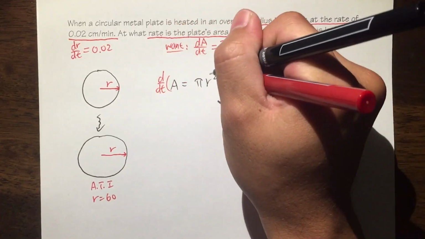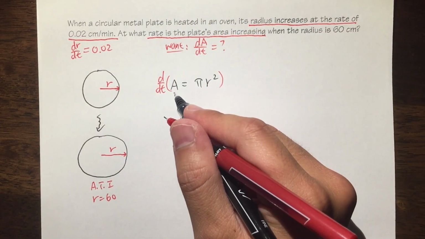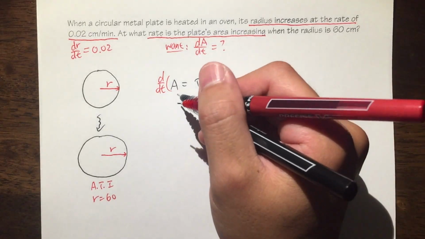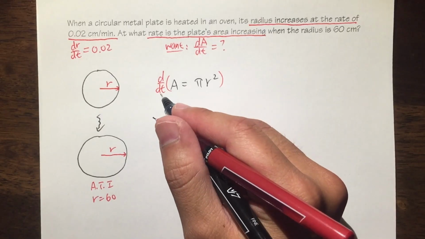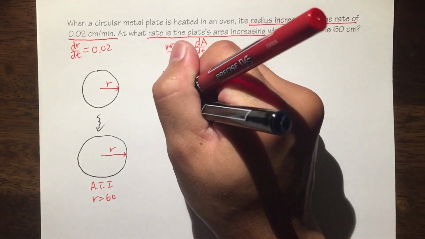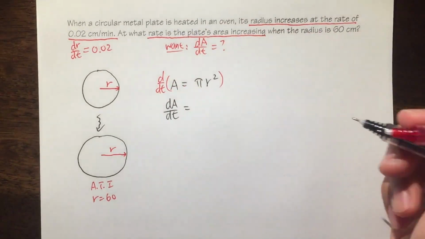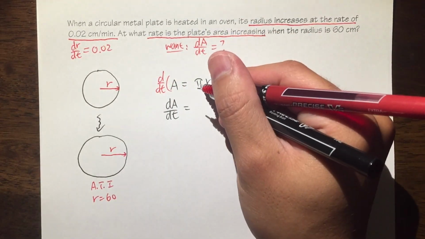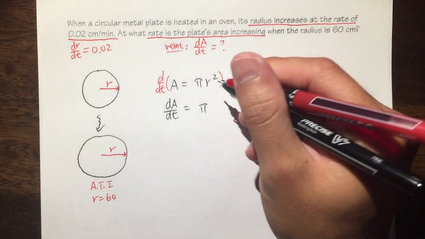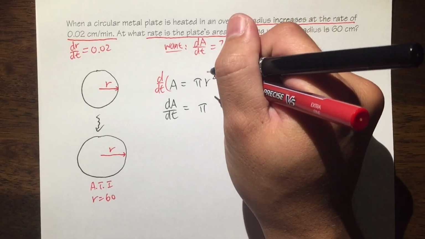Let me put down d/dt like this. You just have to remember both A and r are functions of time. Therefore, on the left hand side, when you're differentiating A with respect to t, you get dA/dt, alright? And then on the right hand side, pi is just a constant multiple, so pi pretty much stays. But r is also a function of time, so here we will have to use the good old power rule.